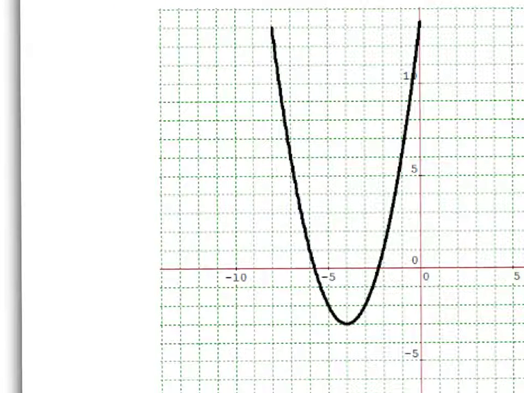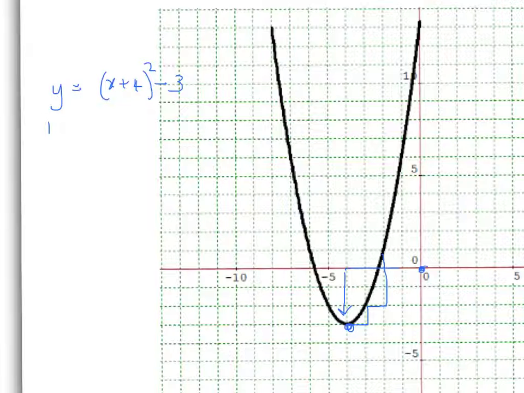And last and lucky one, this black one here is across 1, up 1, across 1, up 3. So there's no A in this one. Y equals, it's been translated. This vertex has gone from 0, 0. It's gone across 4 to the minuses, so it's going to be x plus 4, squared, and it's gone down 3, so -3.